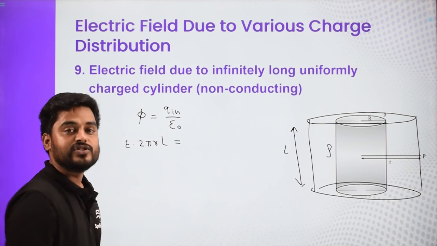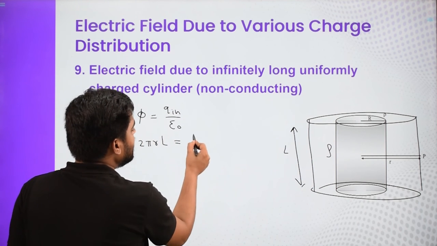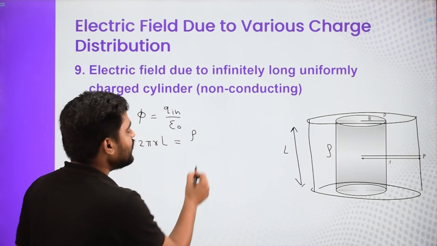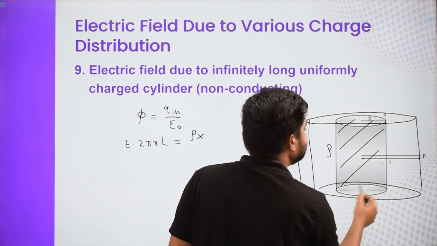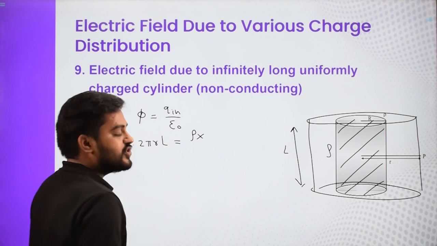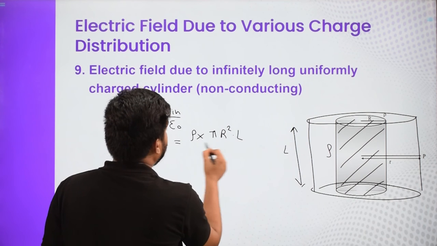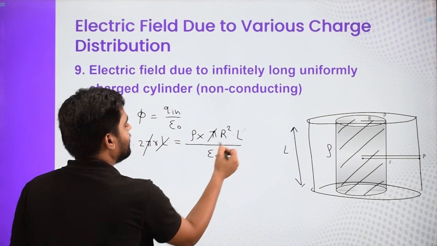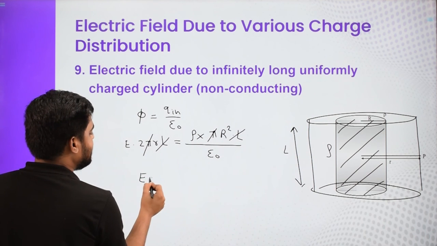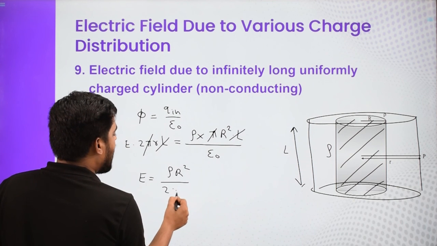What is the charge inside? It is volume charge density into volume. But which volume? I have to take this volume, because charge is lying only in this much volume. So it is pi capital R square into L divided by epsilon naught. Here pi and L are gone, and the end result is E equals rho capital R square by 2 r epsilon naught.